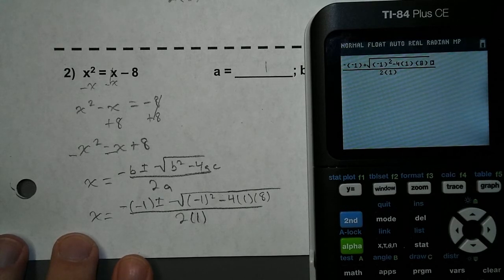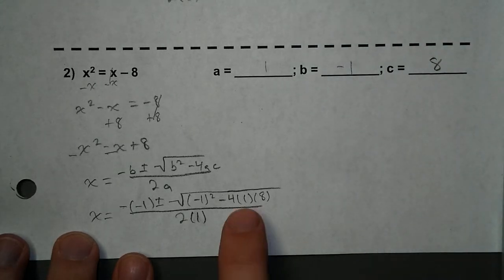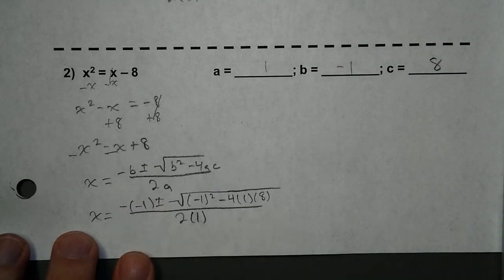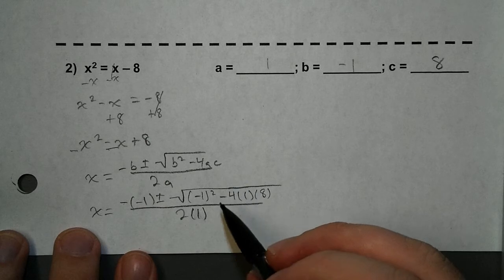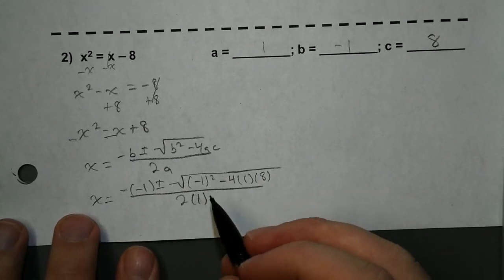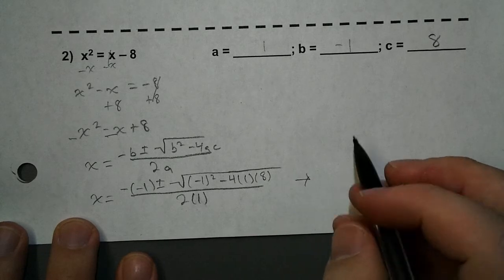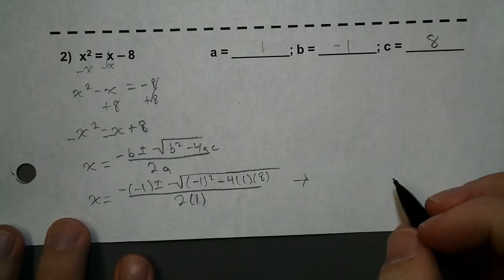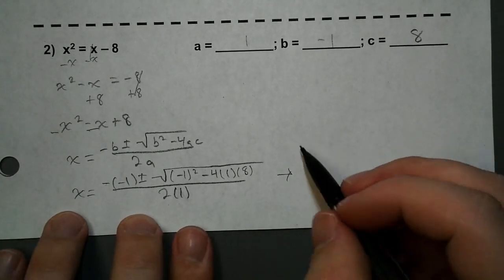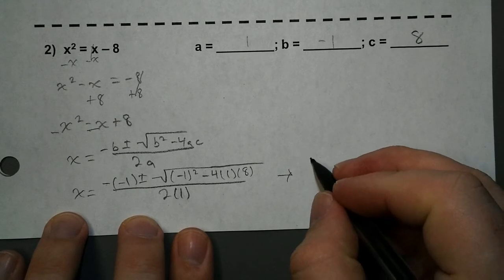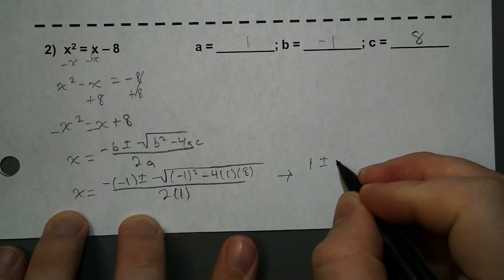So here's what we're going to do. We're going to go through and double check and make sure we get a negative inside the radical. So I'm going to go ahead and just simplify this side. I ran out of room going down, so I'm just moving it to the right. So negative of negative 1 is positive 1. Plus or minus the square root.